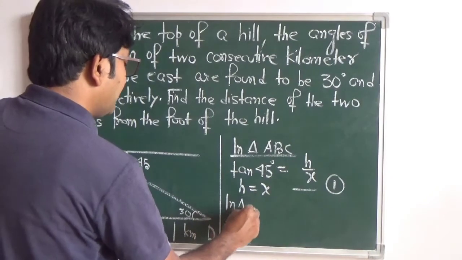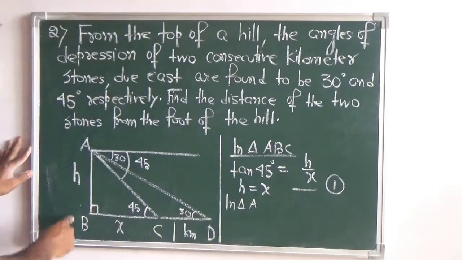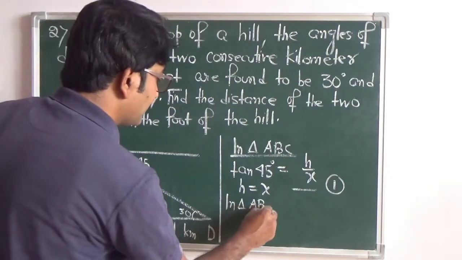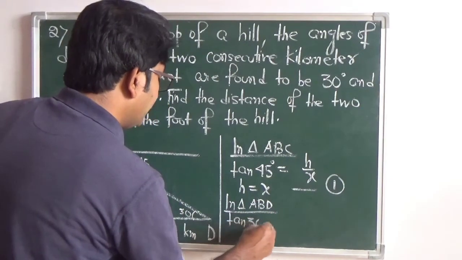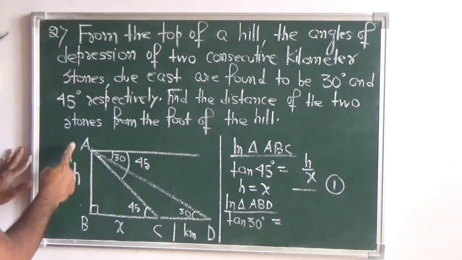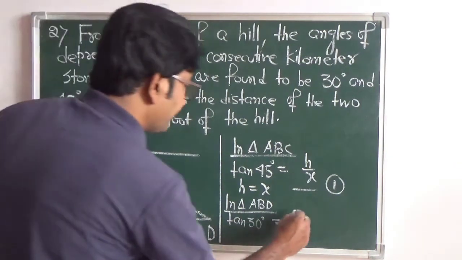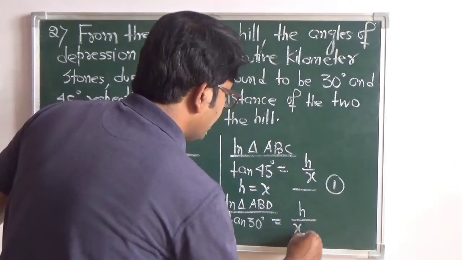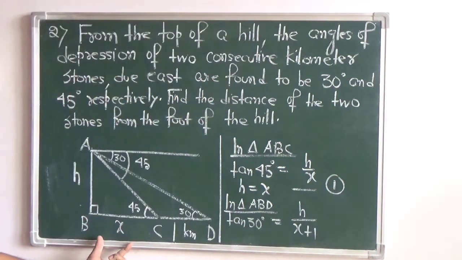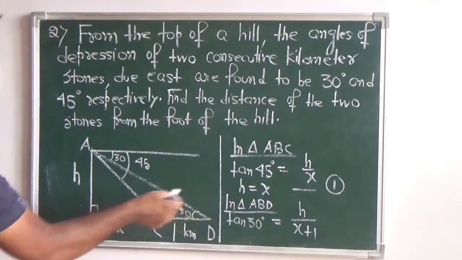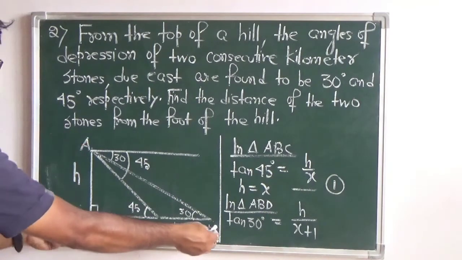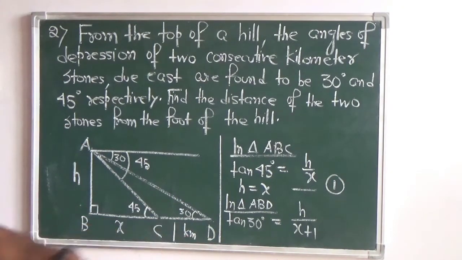Same in triangle ABD. Again, tan of 30 degrees is equals to H by X plus 1. This is X and this is 1. So X plus 1 is the total distance BD. So tan of 30 is perpendicular by the base BD, that is X plus 1.